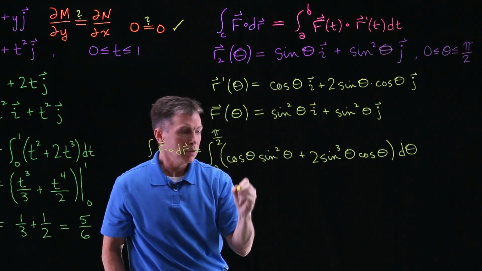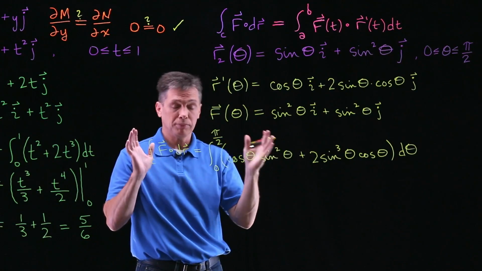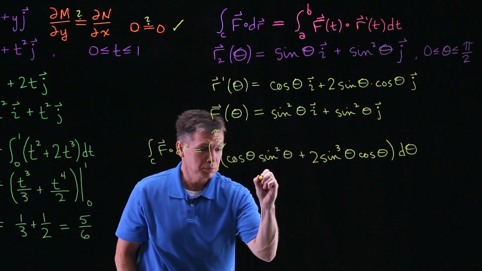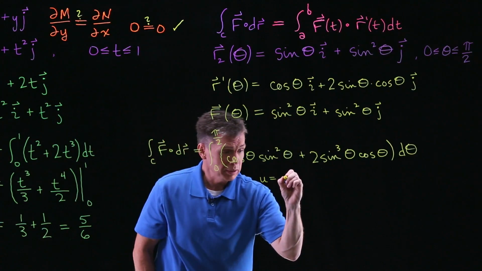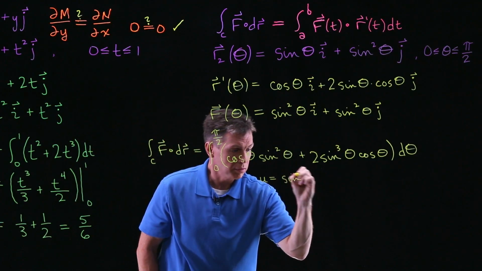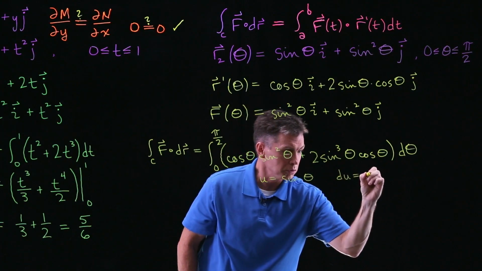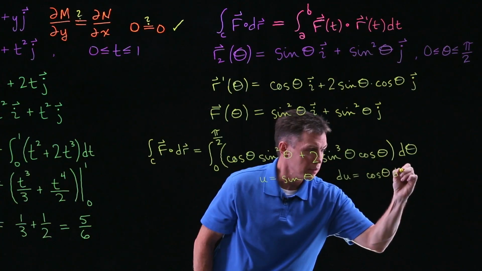All right. Oh my gosh, okay, big integral with trig expressions. Don't worry, this actually behaves pretty well. I'd be thinking of u substitution from ages ago, and I think I'd let my u equal sine of theta, because then of course du equals cosine of theta d theta.